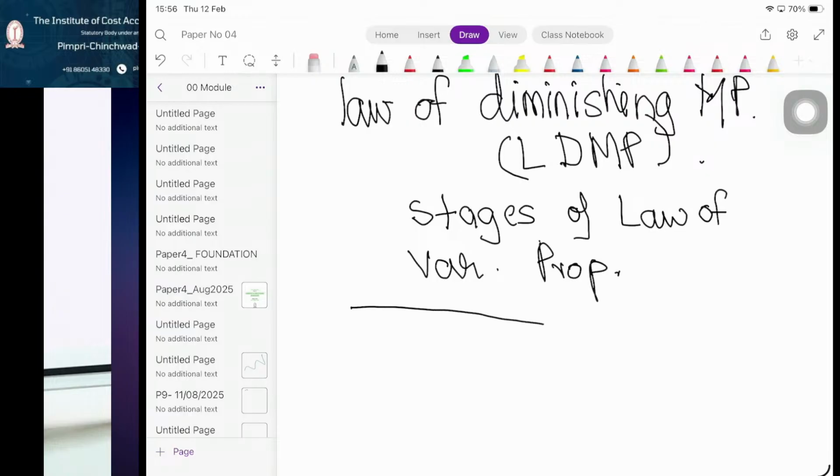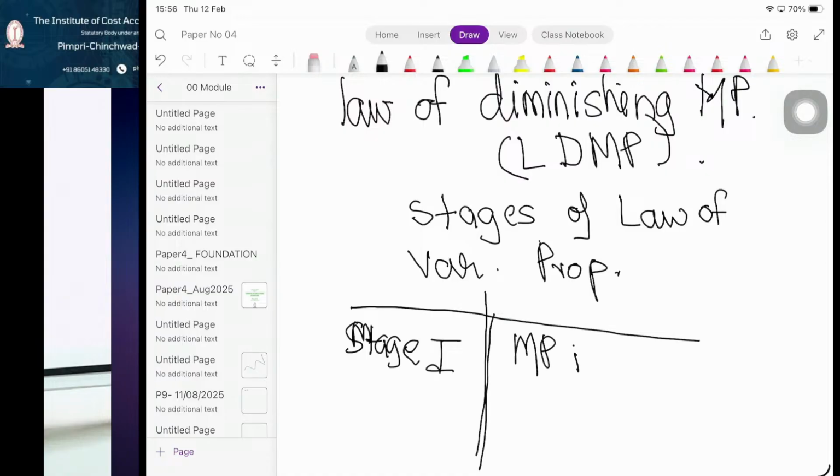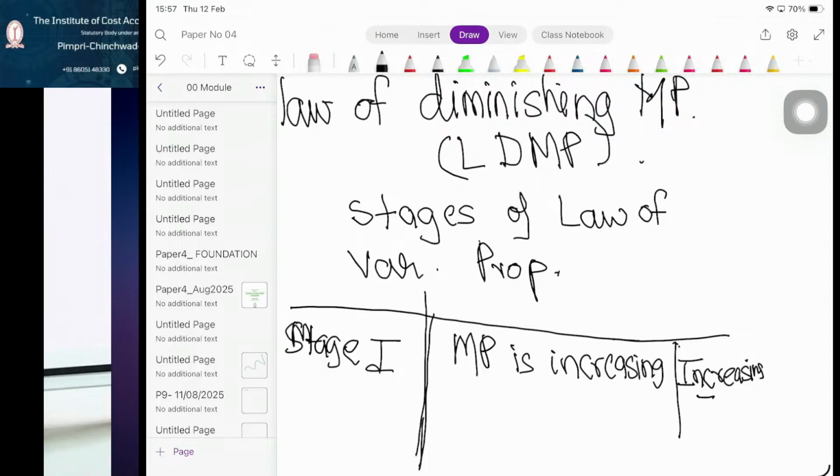Okay, all right. See, I'll write stage 1. Stage 1, marginal product is increasing. Okay, and this is sometimes called the increasing zone. It is called the increasing zone.